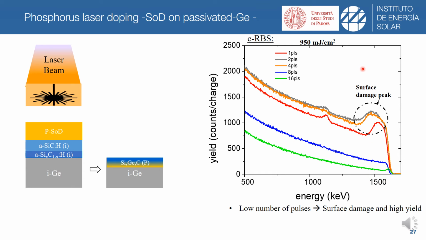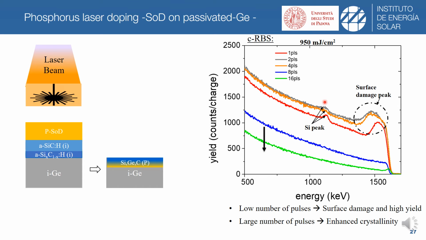Moreover, this is observed at the same time that there is an overall reduction of the yield, which is correlated with an enhanced crystallinity, and this also happens at the same time that the silicon peak disappears.